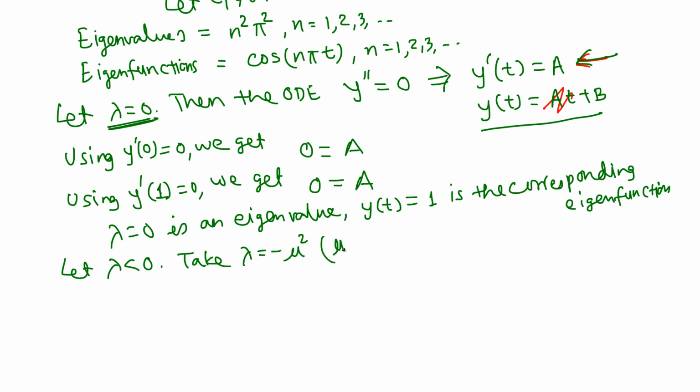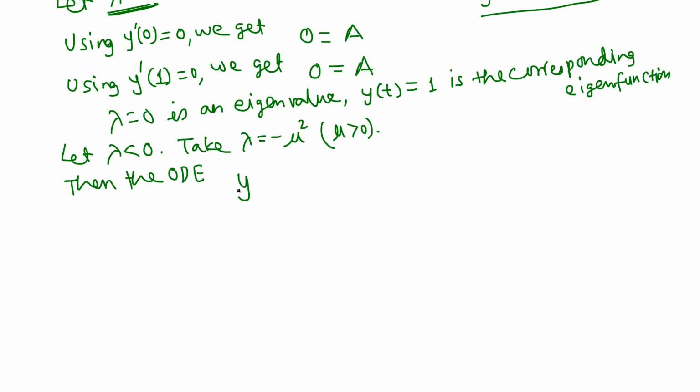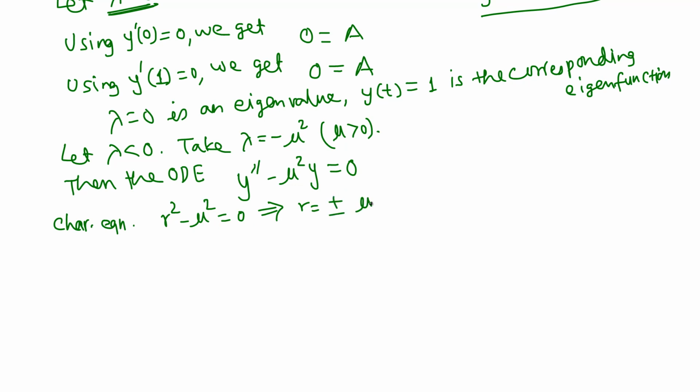squared and mu positive. Okay, in this case the given ordinary differential equation y double prime plus lambda y becomes y double prime plus lambda, which is minus mu squared, y equals 0. Now we solve this. We take the characteristic equation, which is r squared minus mu squared equals 0. That means r equals just plus minus mu.